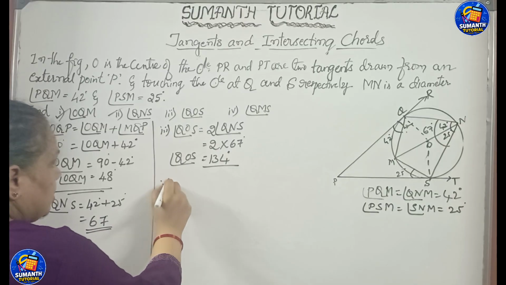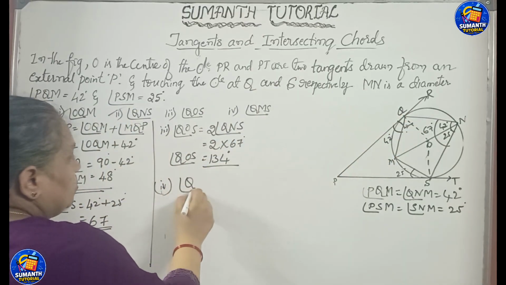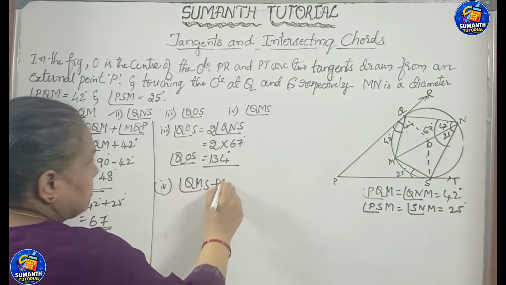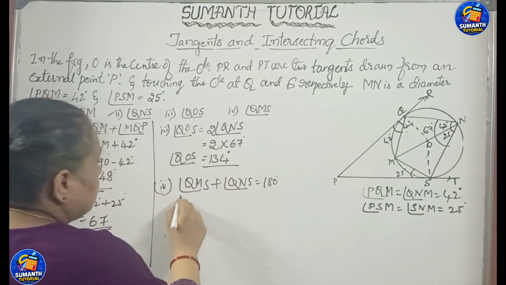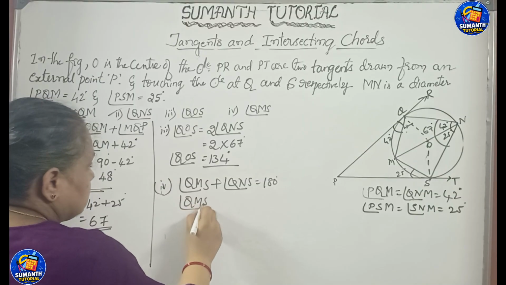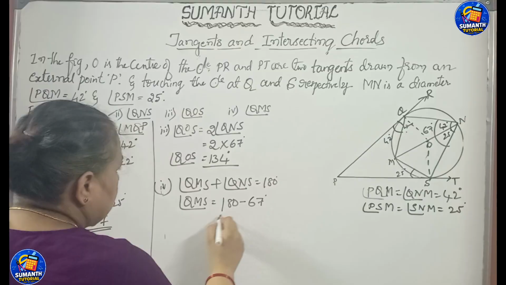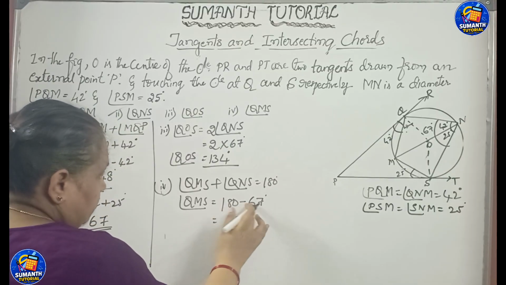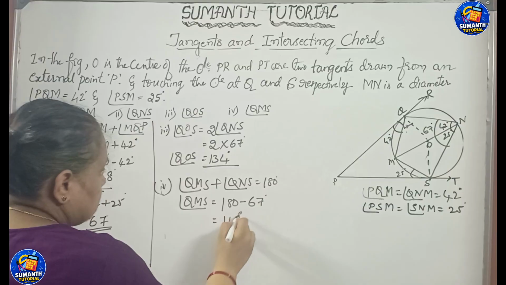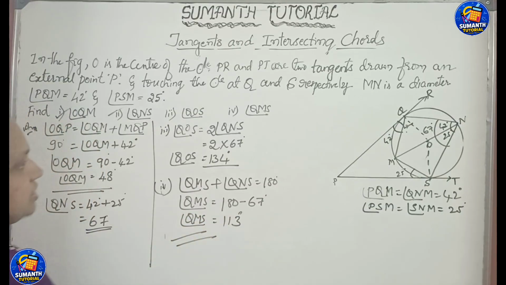By that, I will write, as we already know the angle, QMS plus QNS is equal to 180 degrees. QMS is equal to 180 minus 67 degrees. This is 113 degrees. This is how we can solve this problem in an easy manner.